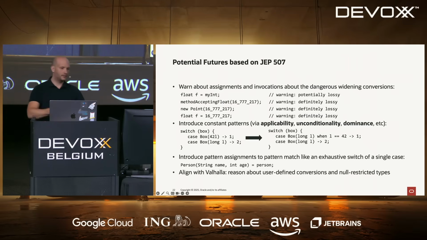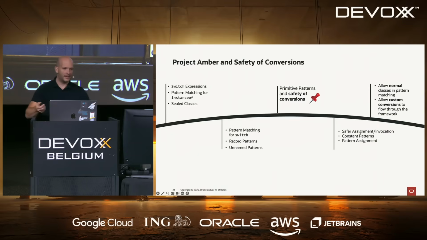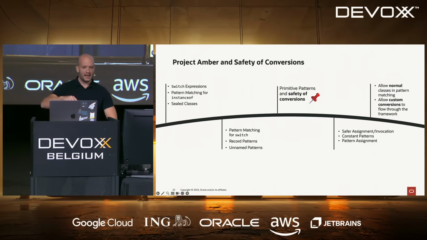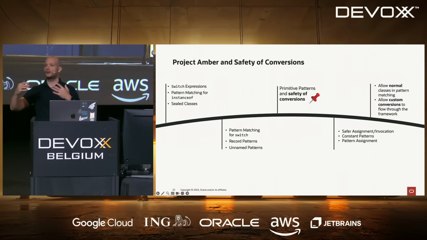And as a matter of fact, I can show the next slide, the last slide. Let me start from the right-hand side for the absolute future, because now I think it's very exciting. Allowing custom conversions to flow through the framework and reusing all this machinery.